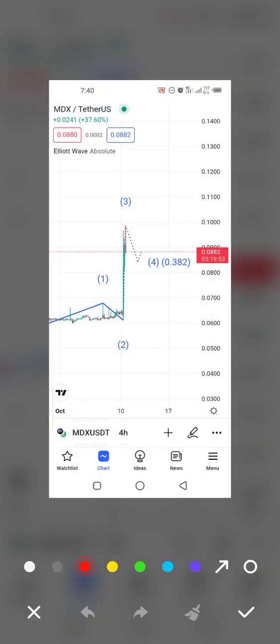So 1 stands for bullish. The market shows you from where it starts to here, that is 1, and it is usually bullish, meaning an upward trend. After forming 1, it will form 2, which is bearish, the market moving down.